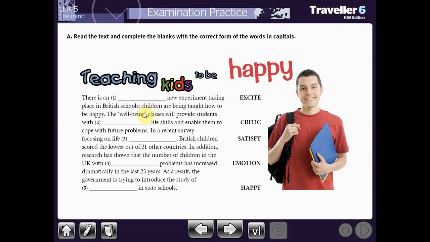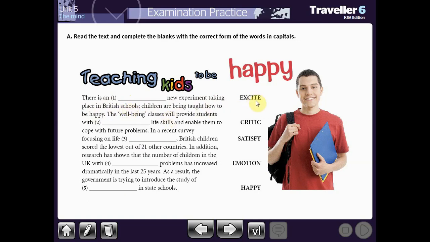Here we have blanks in the sentences, and he wants me to use the correct form of the word, to add suffixes to these words so as to be suitable for the sentence. There is an new experiment taking place in British schools.